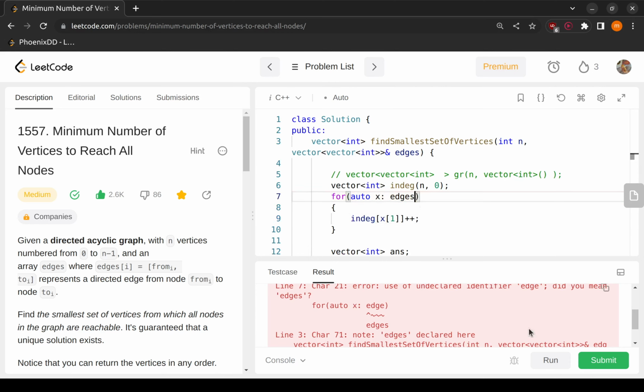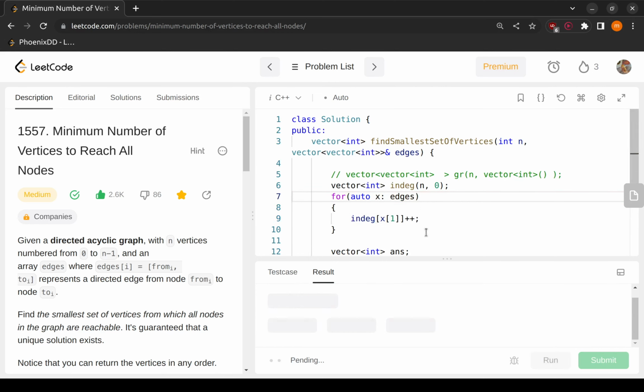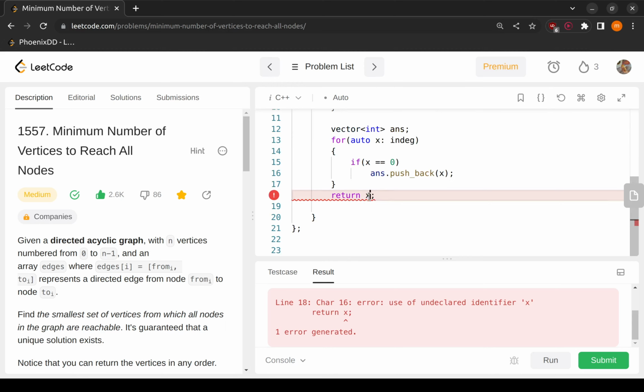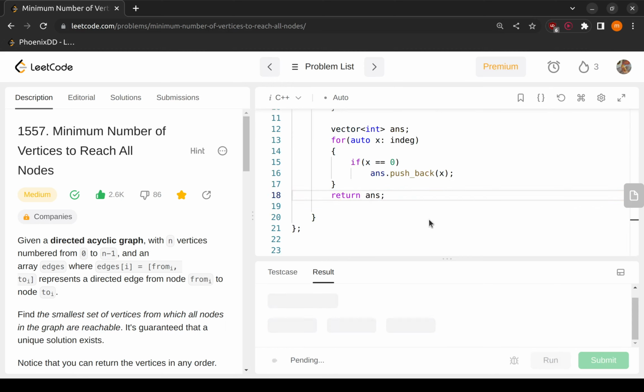Okay, it's giving a wrong answer. Oh, actually, I have to do the indexing here.